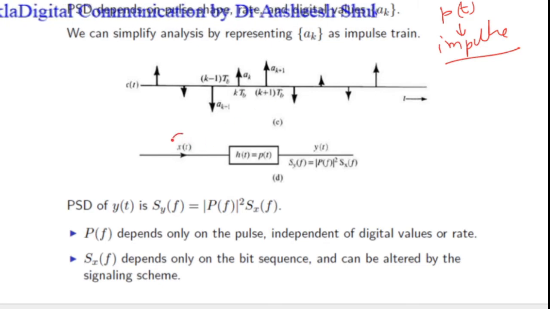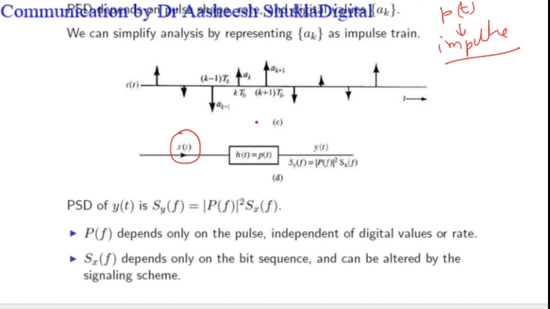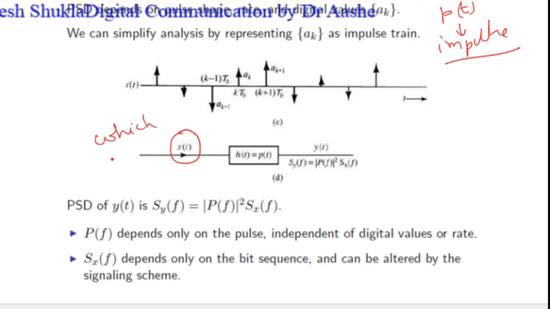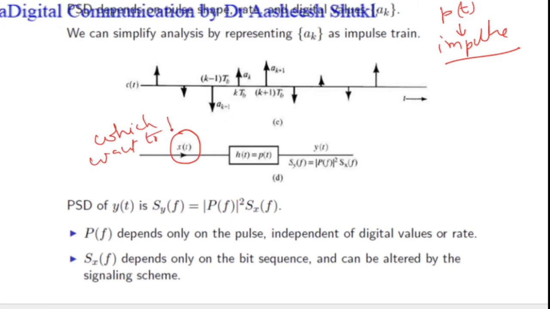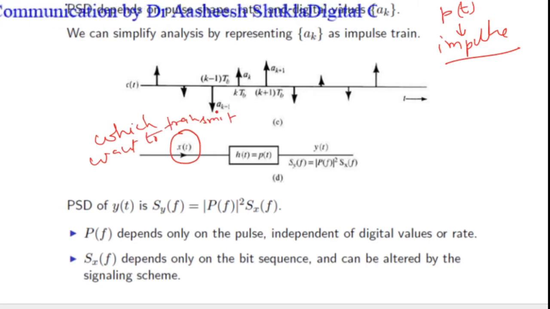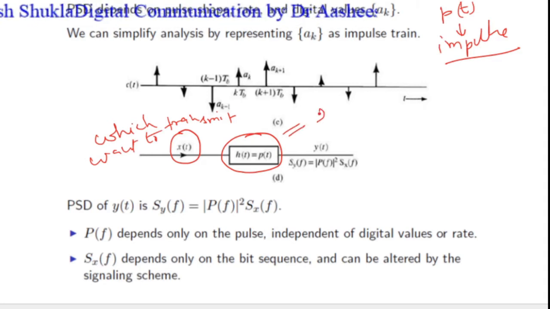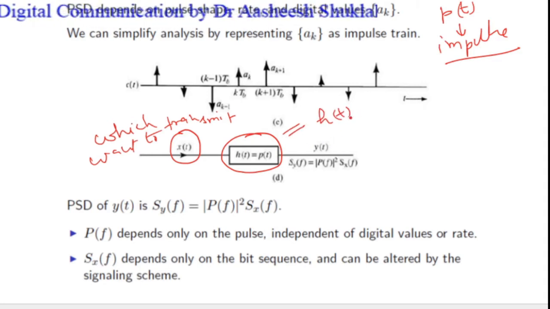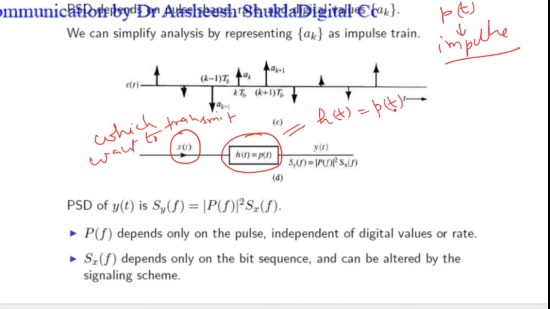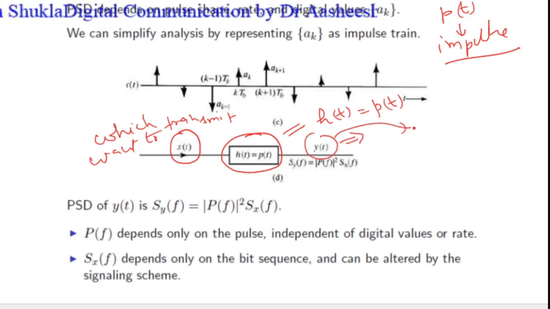For example, this is our signal x(t), the signal which we want to transmit. Before transmission, we have to provide a proper line code. So this is the transfer function of a filter with response h(t), and it should be a matched filter, so the response h(t) should be equal to p(t). The outcome will be y(t), and this y(t) can be transmitted to the channel.